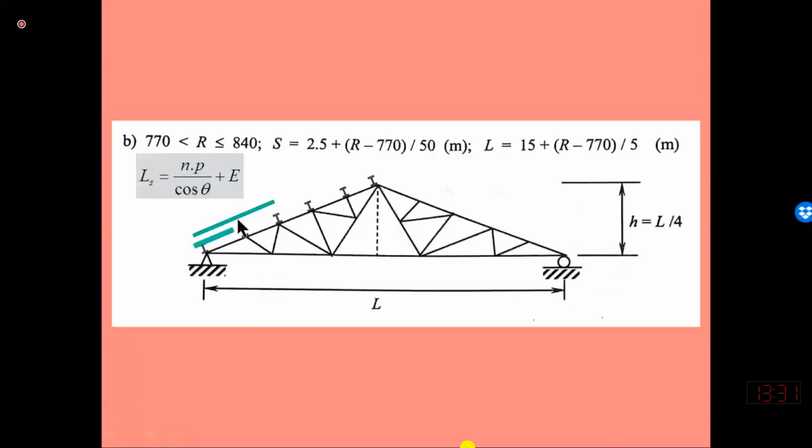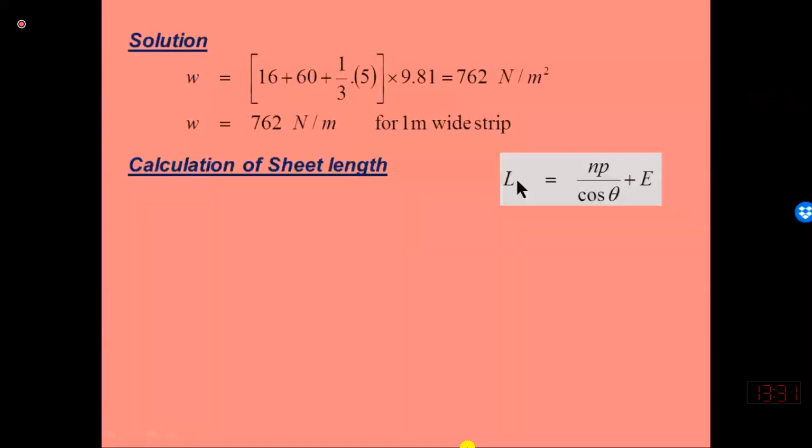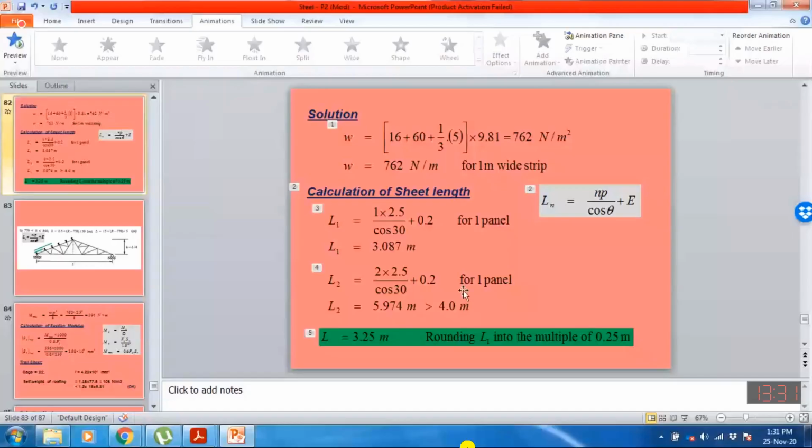Here n is the number of panels. If I use the n value 1, I'm computing the length which may cover the inclined distance of one panel. If I use the n value 2, I'm computing the length that may be used to cover the inclined distance between two panels. Based on this, I'm using this formula. E is the end lap that I have explained over here.